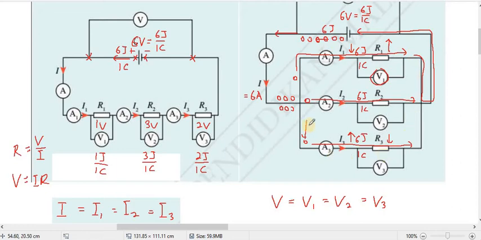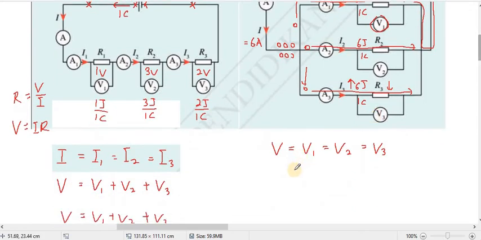So here total 1 second must be 6 coulomb, and from here to here total 1 second also must be 6 coulomb. So the total current will be current 1 plus current 2 plus current 3. Any question?